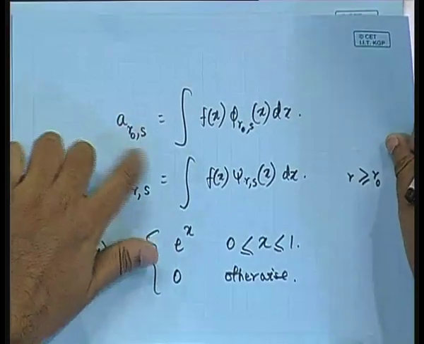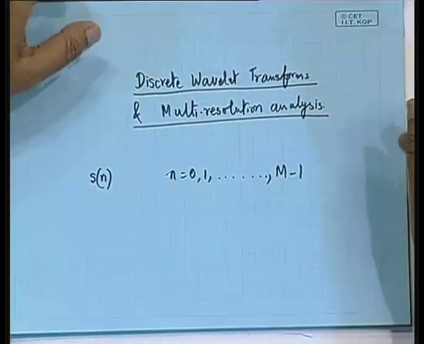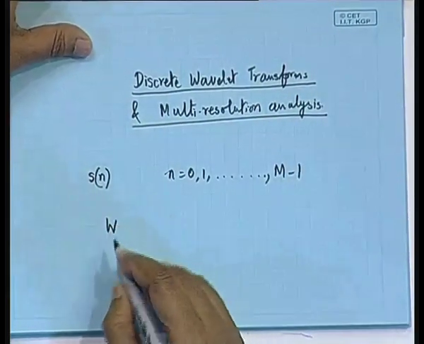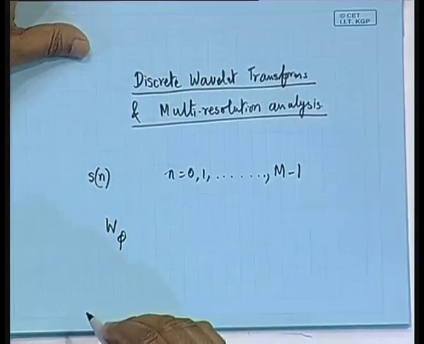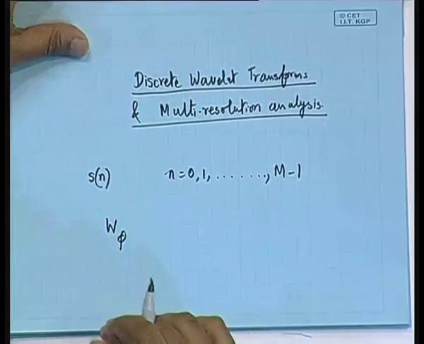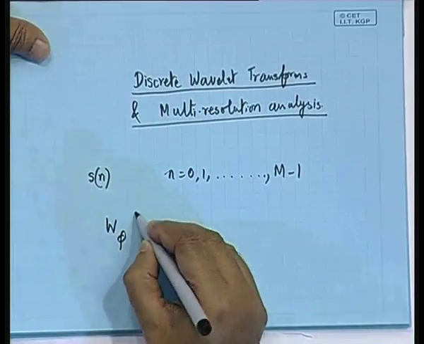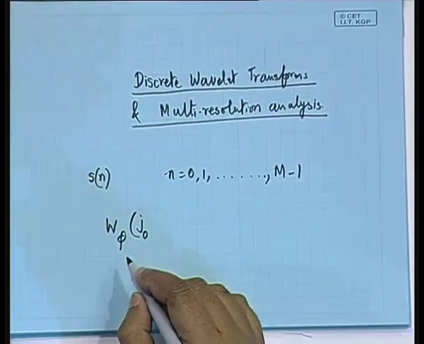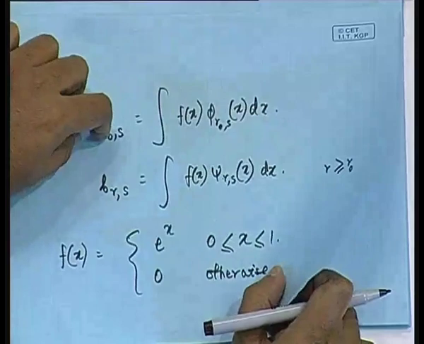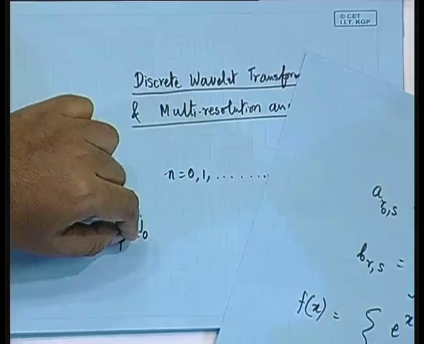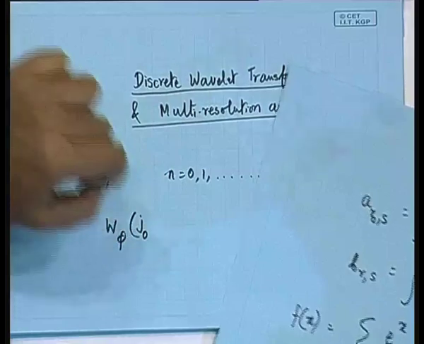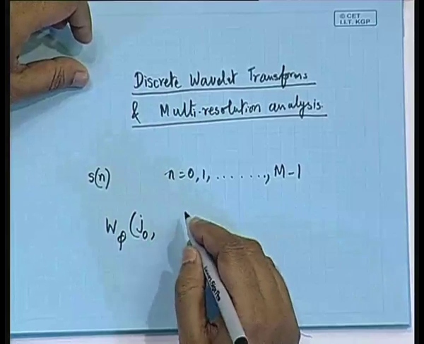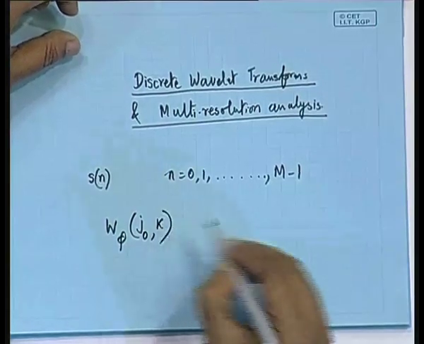So, now instead of writing this as a, the scaling function coefficients, if we write as w and as suffix I use phi, phi means that it is associated with the scaling function, and let us say some scaling parameter I take as j 0, just like the way we took r 0. So, w phi j 0 comma, and the shifts, that is s, I am writing that as k.